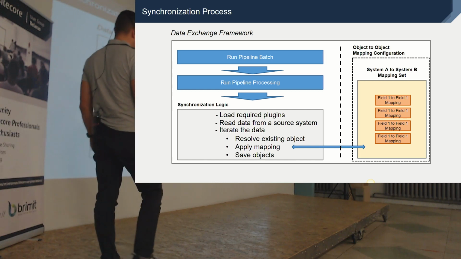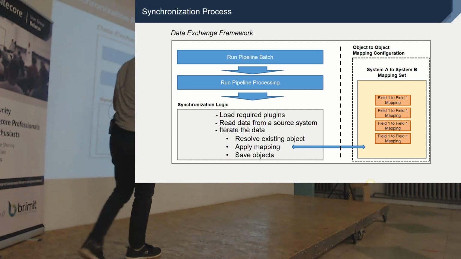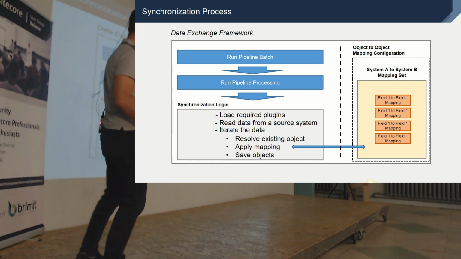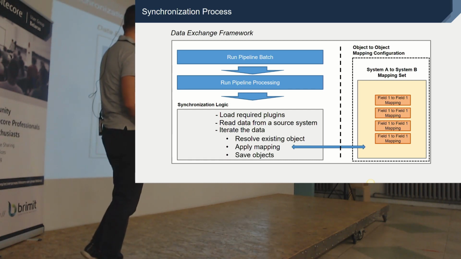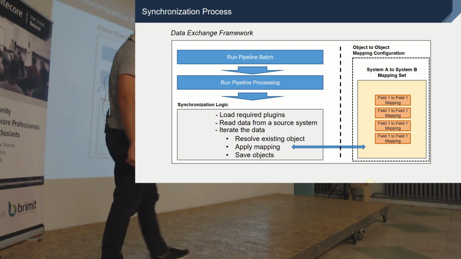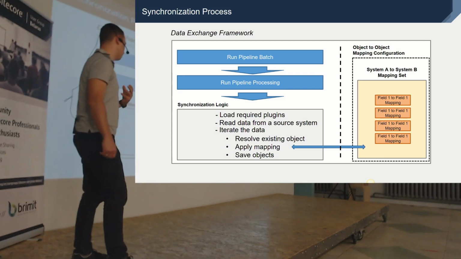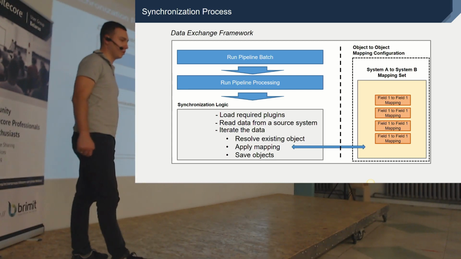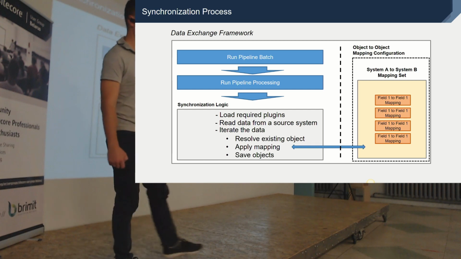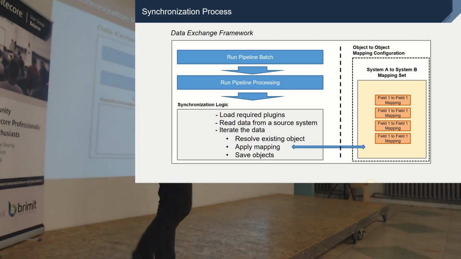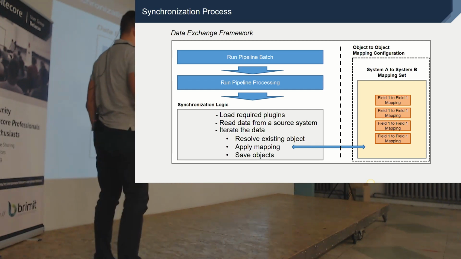We take each object from the data that we read and try to resolve existing objects. So we try to find the object in our target system. If it exists, we update it. If it doesn't exist, we just create a new object.